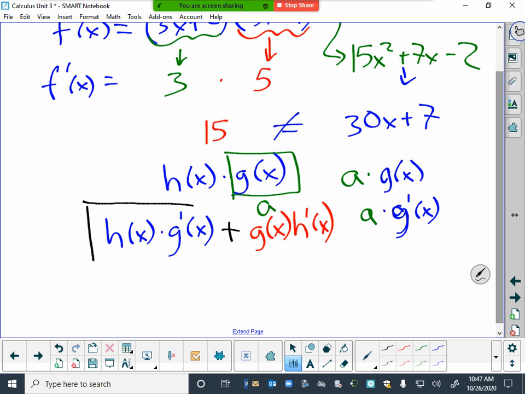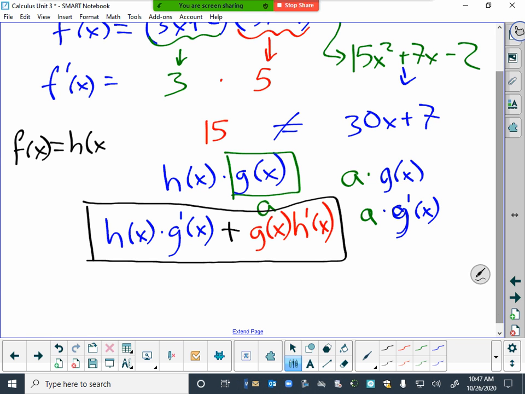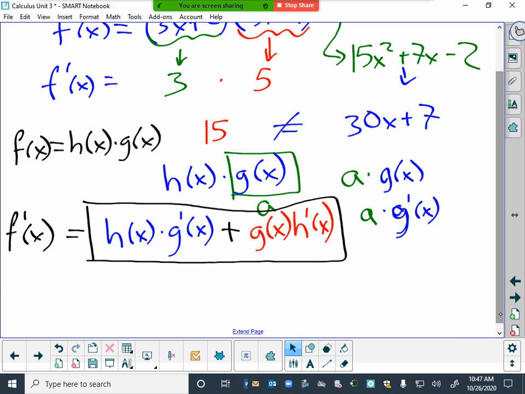It's a real informal argument for this, but if we said that f of x was equal to h of x times g of x, then this is what the derivative of f of x will look like. This is called the product rule.